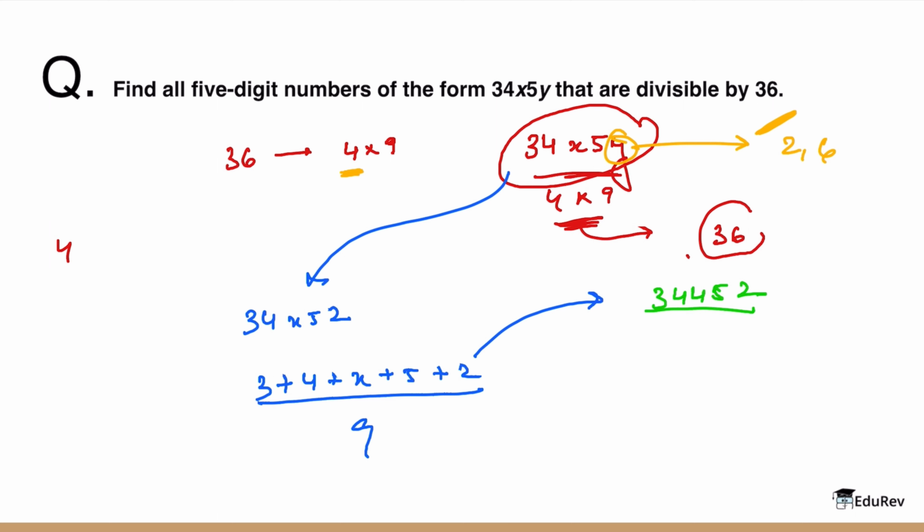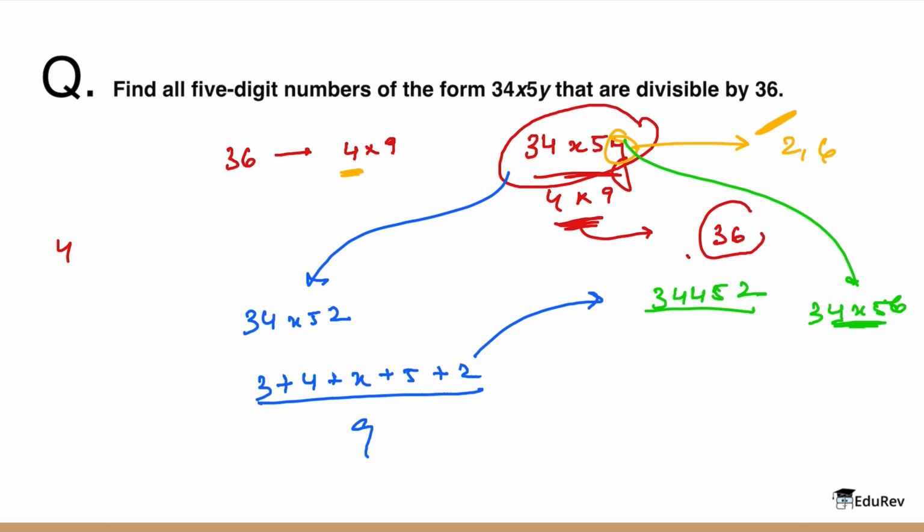Correct. And also if y is 6, this number is 34x56. Now for this number to be divisible by 9, the sum of the digits has to be divisible by 9. So for y equal to 6, the number is going to be divisible by 36 when the sum of the digits is divisible by 9. This will happen when 5 plus 6 is 11, 15, 16, 17, 18.